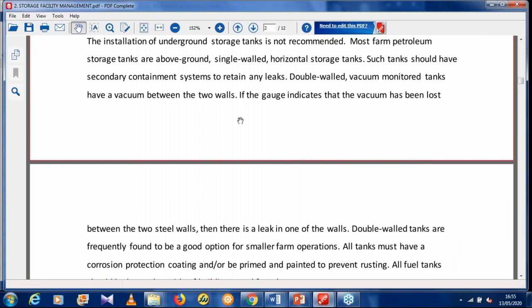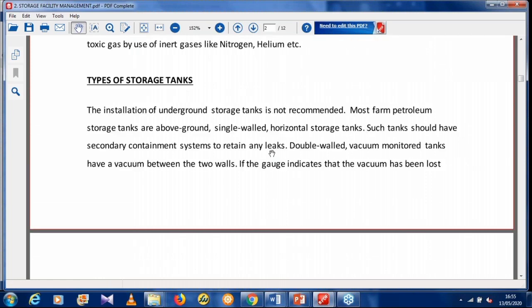We also have to consider the environment, and consider the underground water, to be sure there is no contamination of underground water. Very important that we put these into consideration. Tanks should have a secondary containment system that will help retain any leaks.